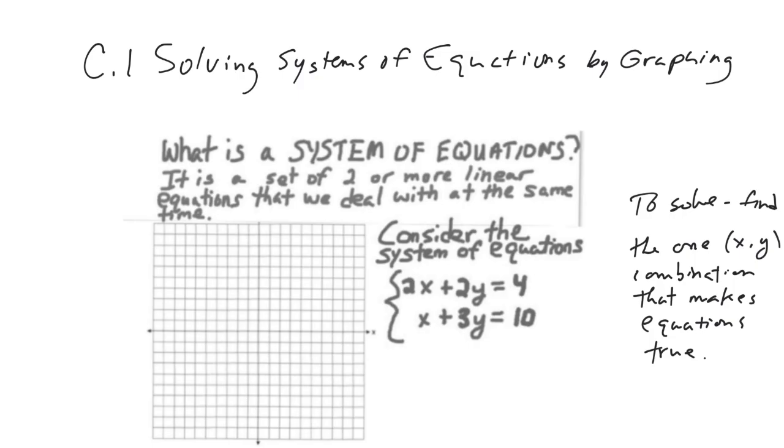For example, if I was to graph this, one point on this line would be the point 1, 1. If I put in 1 for x and 1 for y, I would have 2 times 1 plus 2 times 1, that's 4.